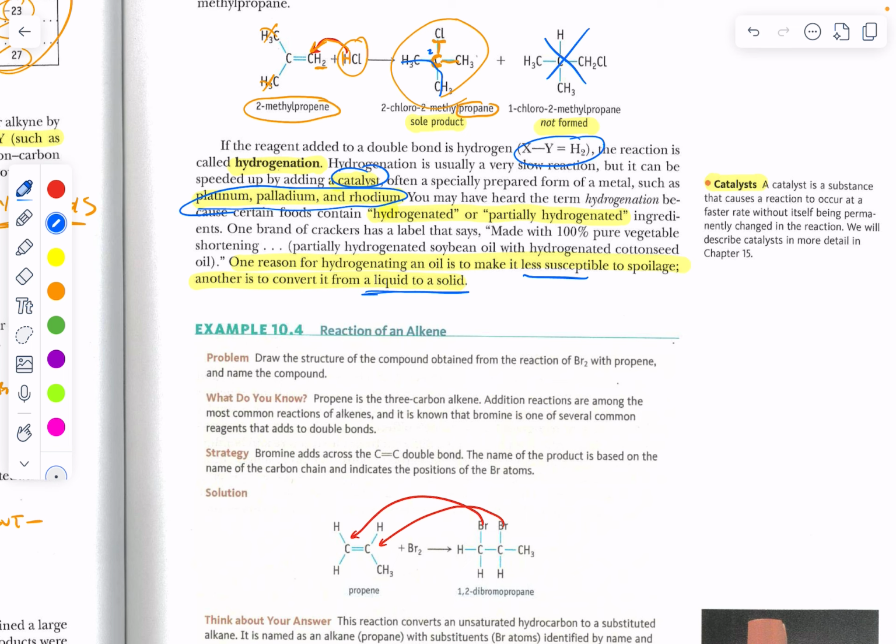So in general, when we say we have hydrogenated fats, these are fats that have had hydrogen bubbled through them at the right temperature, maybe with a catalyst. And another name for hydrogenated fats are trans fats.